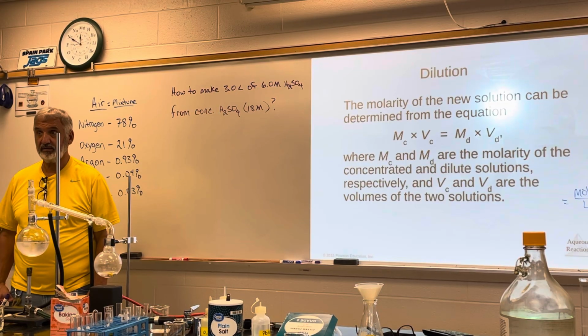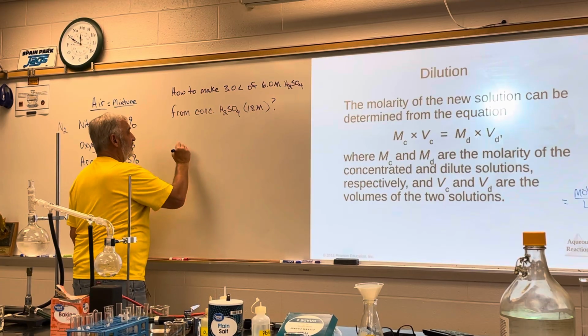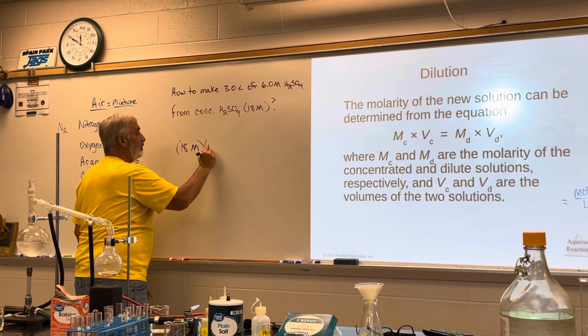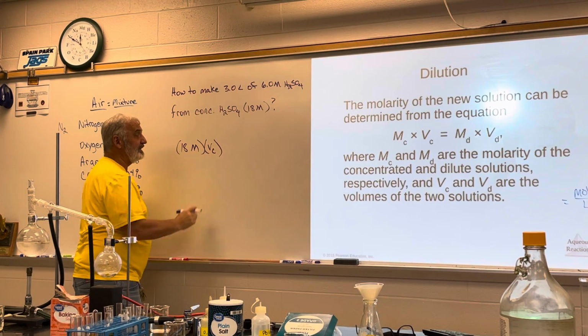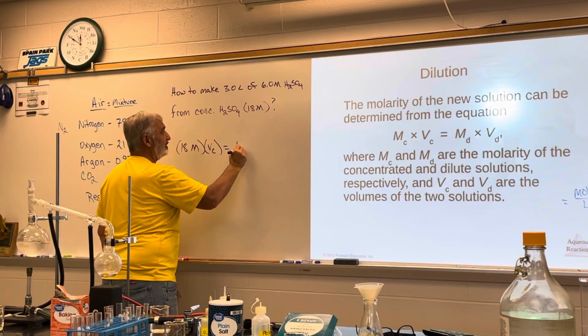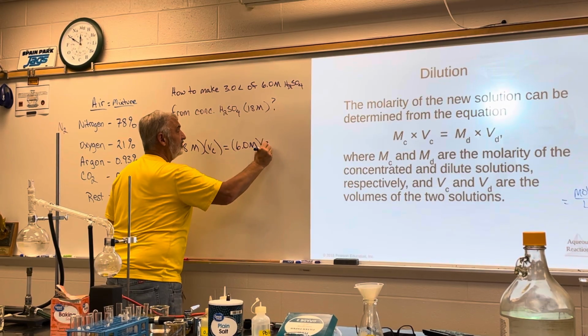So I'm just going to plug in. The molarity of my concentrated is 18 molar. The question is what volume of the concentrated do I need to make 3 liters of 6 molar? The molarity of the dilute times the volume of the dilute.